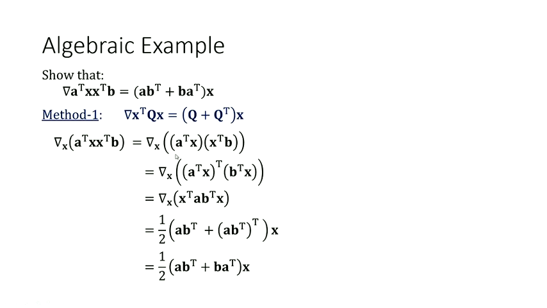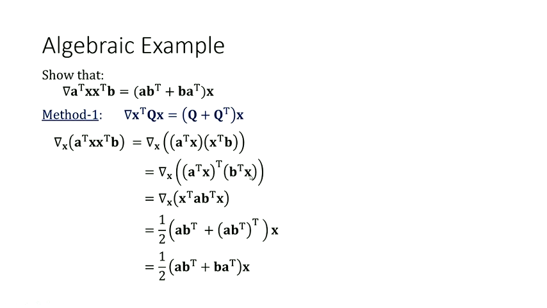Since they're scalars, I'm free to take transposes. I can take the transpose of each separately. A transpose x, I take the transpose of that, and I get x transpose A. Likewise, the transpose of x transpose b is b transpose x.